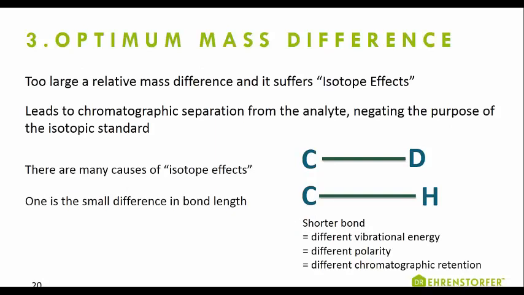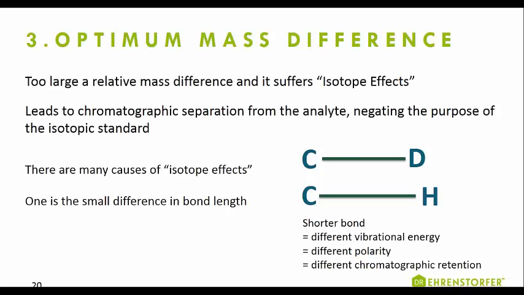But if you make the mass difference too big, you can also get problems. These are collectively known as isotope effects, a nice label because they're complex and not always fully understood. The underlying cause is that it was not quite true to say that isotopes are chemically identical. They're not.